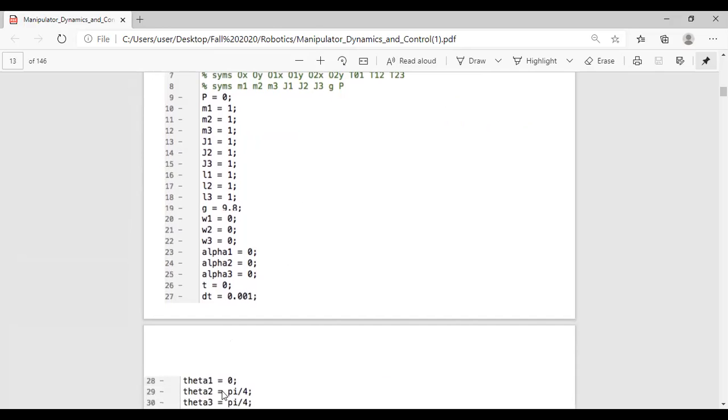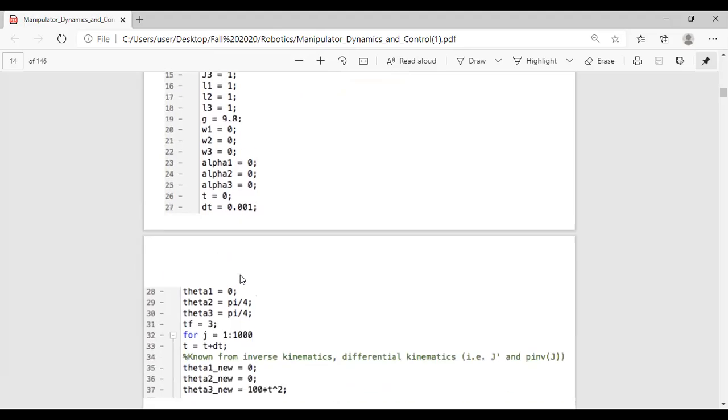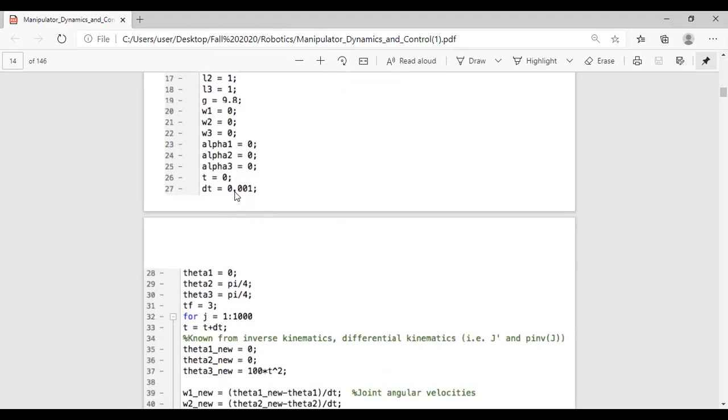This is where the robot is starting, and I'm trying to solve the inverse dynamics of this robot. Here I'm changing the time increment: time is equal to 0 initially, and then this is my time step.